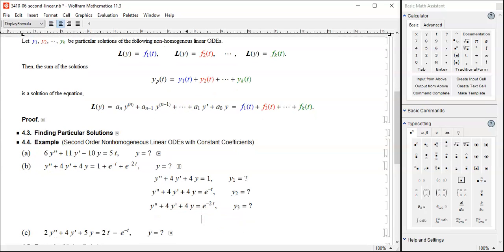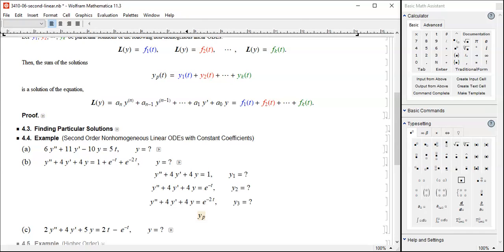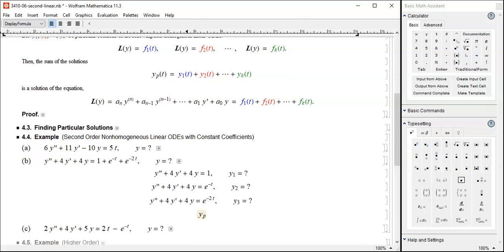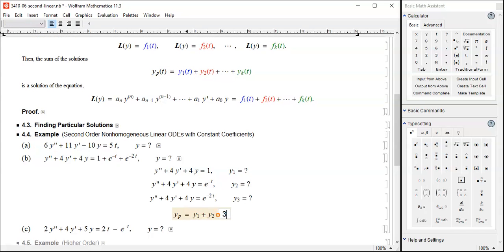Like this, and then yp. Yp is going to be sum of these three. y1 plus y2 plus y3. Oops. I clicked the wrong key. Sorry about that.